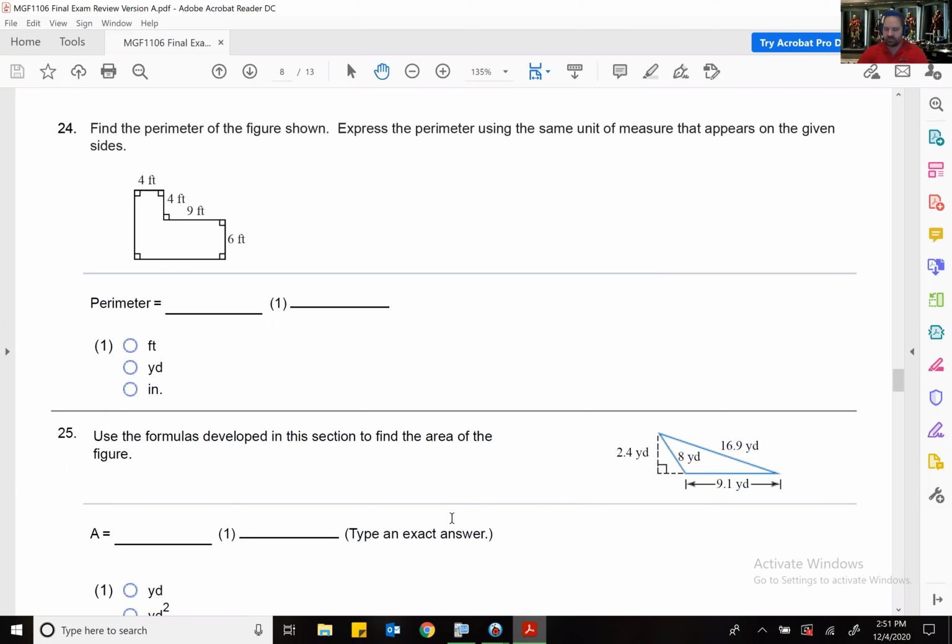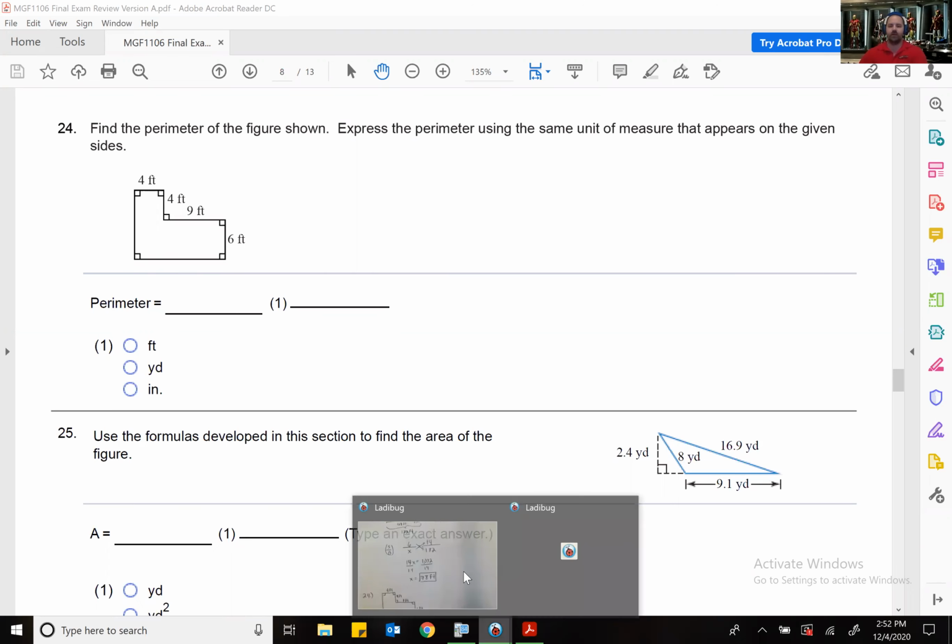Drawing it out on my piece of paper real quick. 4 feet, 4 feet, 9 feet, 6 feet. So looking at this, what's the label going to be? Feet, because it doesn't change. Everything's in feet. So you know that this has to be feet.